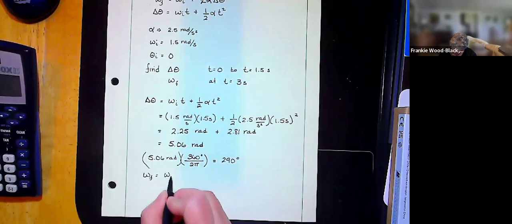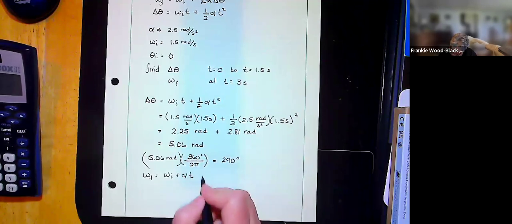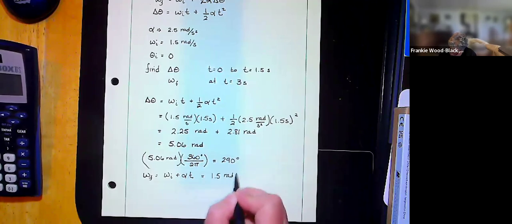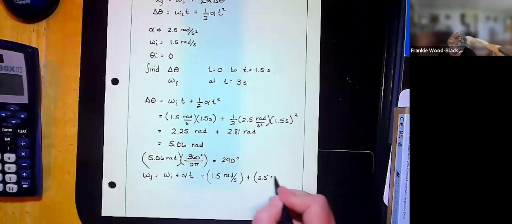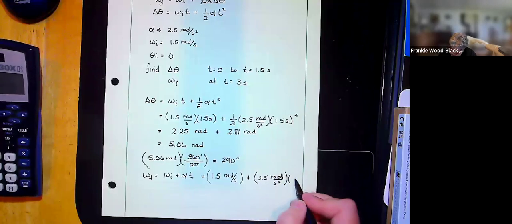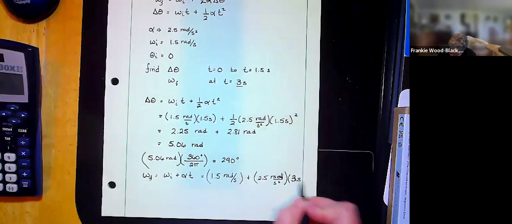We can calculate our final angular velocity. It's going to be equal to our initial angular velocity plus our angular acceleration times time. So we started at 1.5 radians per second. And we had our constant angular acceleration of 2.5 radians per second squared times 3 seconds.